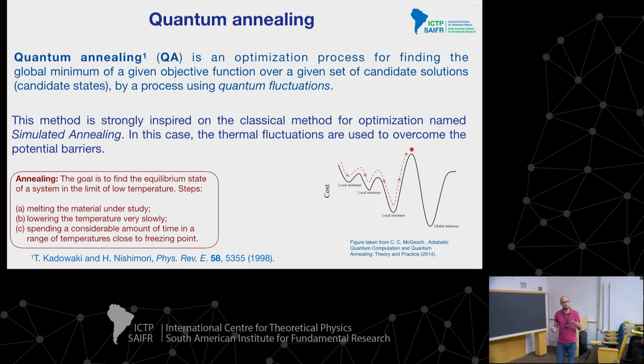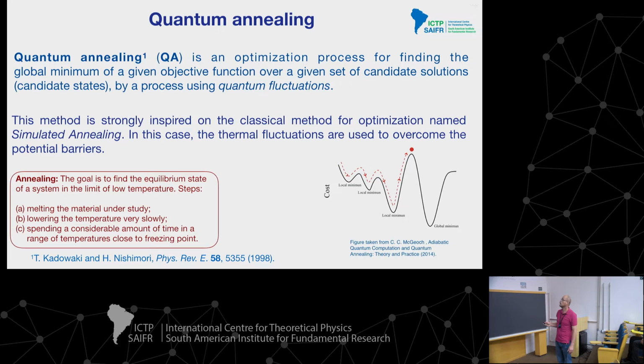But there are different strategies. If you use the simulated annealing process, what do you need to do? Okay, you use the thermal fluctuations. With these thermal fluctuations, it will be possible to jump these energy barriers, okay? But observe that it's important to jump these barriers.